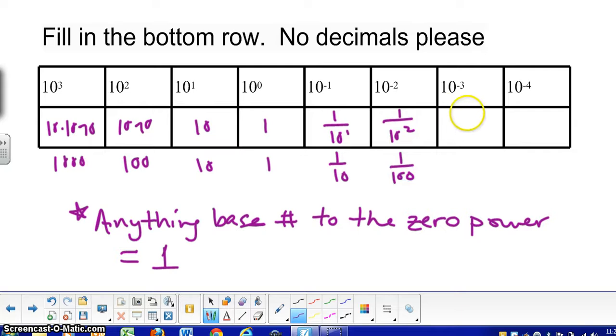And then the next one would be 1 over 10 to the third power, which is 1 over 1,000. And then the last one, 1 over 10 to the fourth, is 1 over 10,000. So the 0 just would increase in quantity in the denominator. So those are your answers there, and hopefully you get a better idea of why you have negative exponents and what it does to the answer.